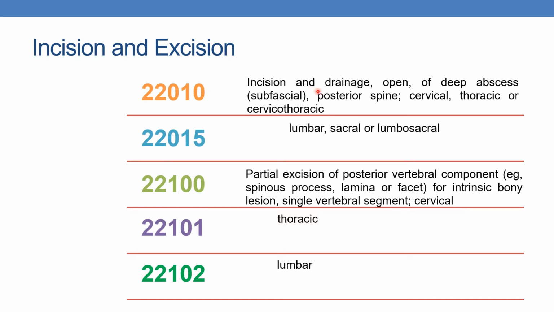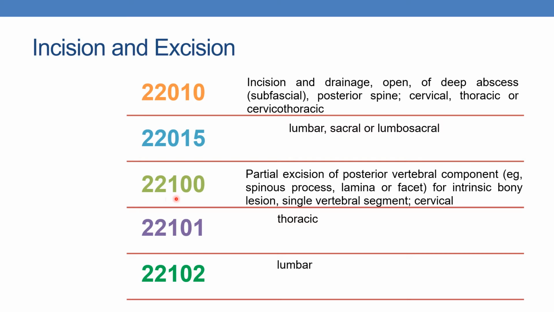Whenever open incision and drainage of a deep abscess of the posterior spine is done, for example cervical, thoracic or cervicothoracic, then you must report it with 22010. The next CPT is 22015 for lumbar, sacral or lumbosacral. For open incision and drainage of a deep abscess of the lumbar, sacral or lumbosacral spine, you need to report 22015.